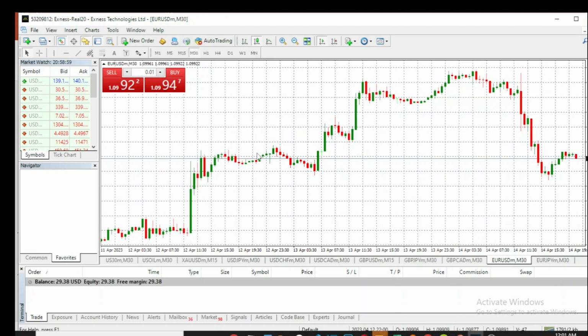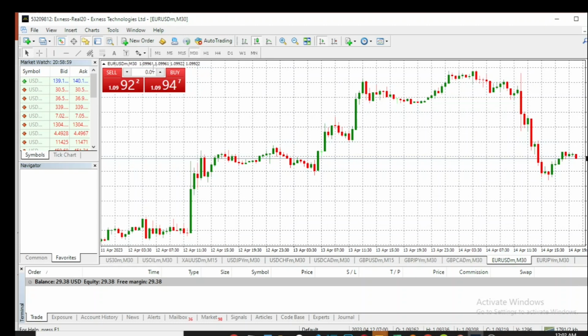So when you're trading, how do you put the lot? When you come up here, this is where we determine our lot size. As you can see, this is 0.01. As we said previously, 0.01 is a micro lot, and this is the smallest unit you can trade. That's why I said we don't have to look at nano lots.